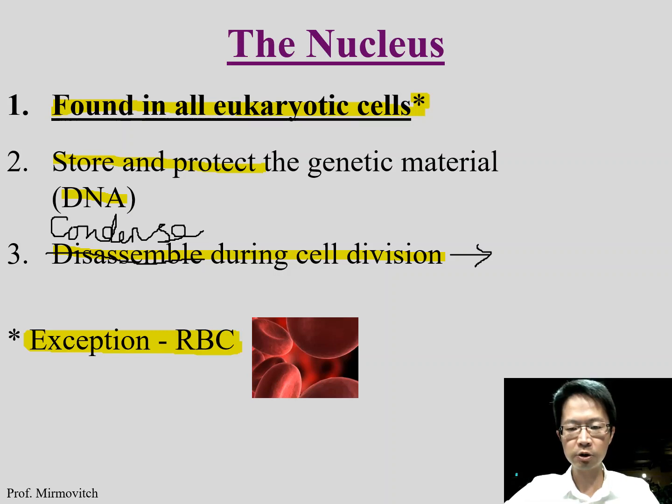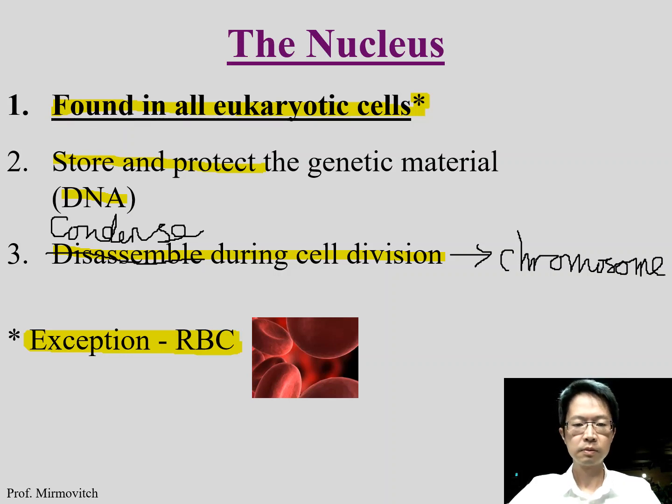It's called a chromosome. So I would say that DNA condenses during cell division to become a chromosome.